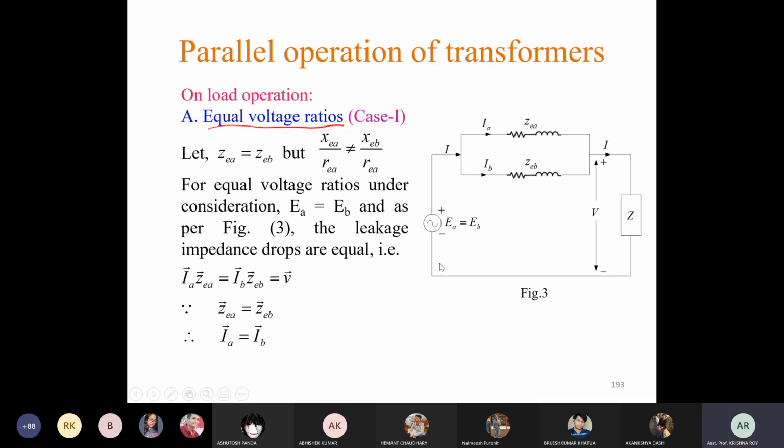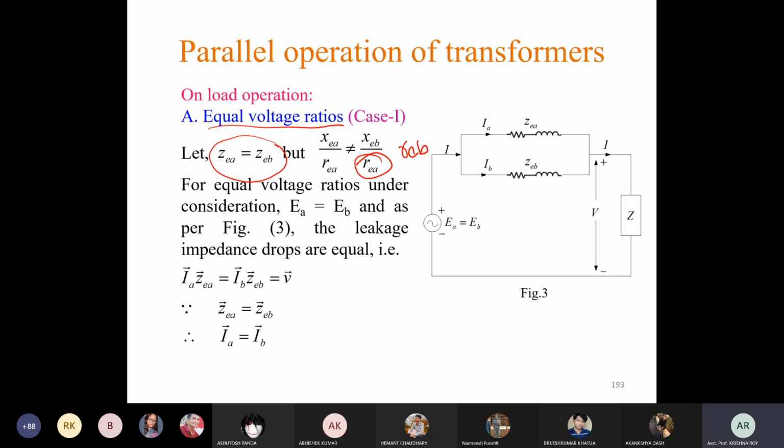So what is the conclusion here? When leakage impedances are equal, though this reactance to resistance ratio is not the same, the transformers will share the load equally. Is it clear? So that should be REB, no? Oh, this one, yes, REB, correct. That is a typing error, sorry.